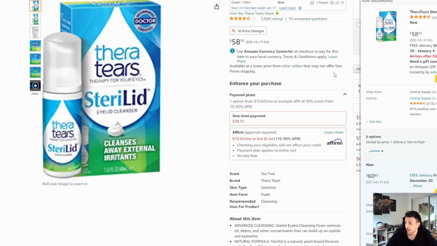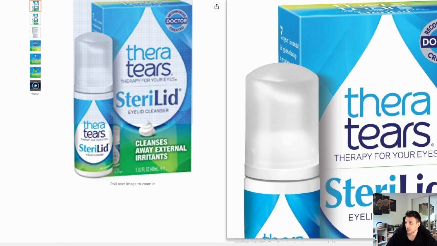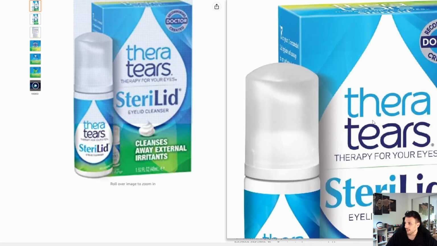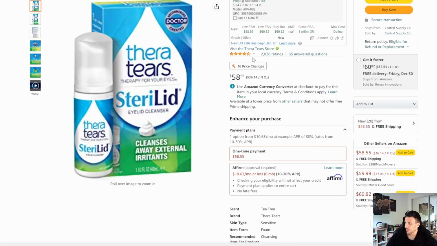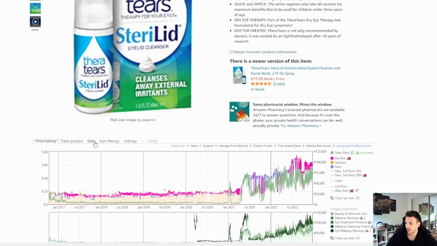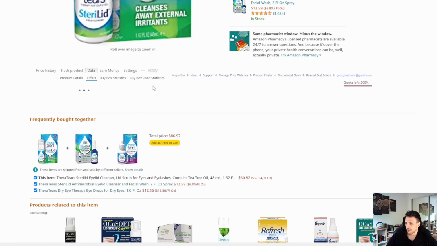Let's see if it's a variation. I don't think it was a variation. No, it's not a variation. Is the manufacturer a seller? So Theratier store. Let's go ahead and look at data, offers, and see if the manufacturer was ever selling it. I don't think they're currently selling it, but let's see.